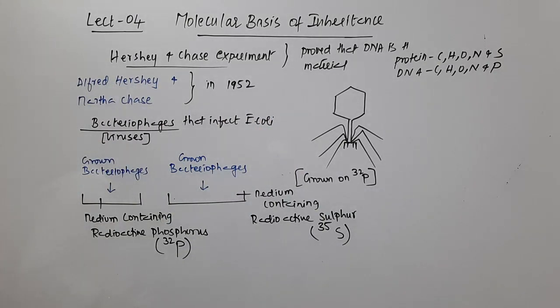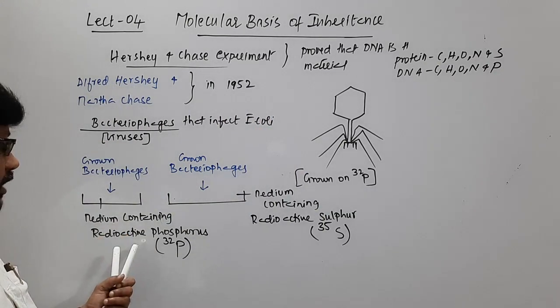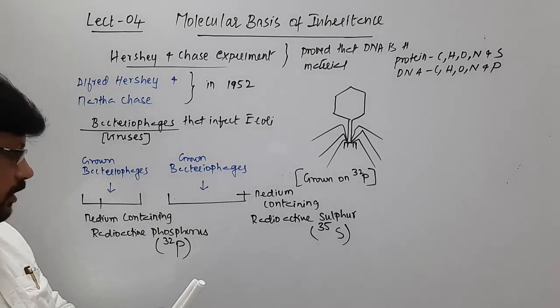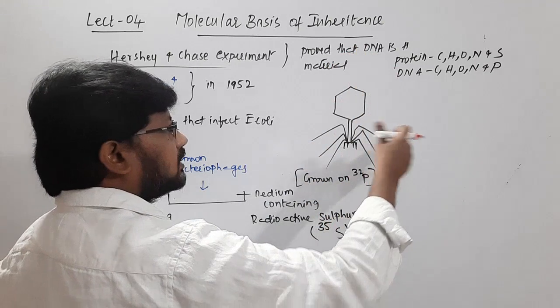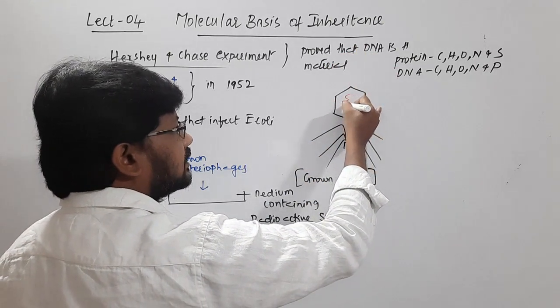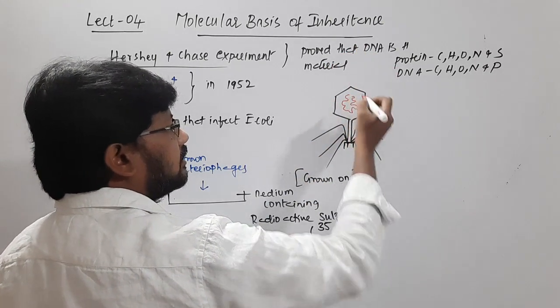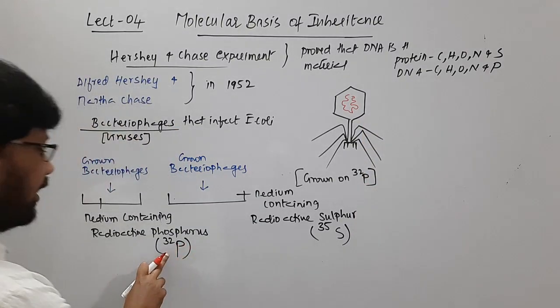Now the bacteriophages grown in the medium containing radioactive phosphorus, what they have seen after several generations is that its DNA became radioactive.